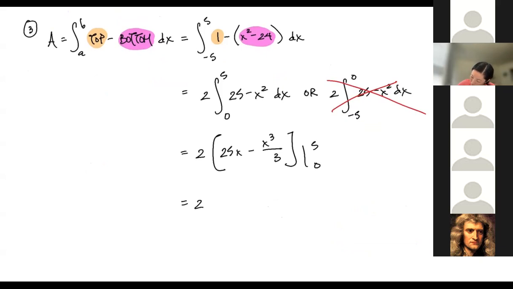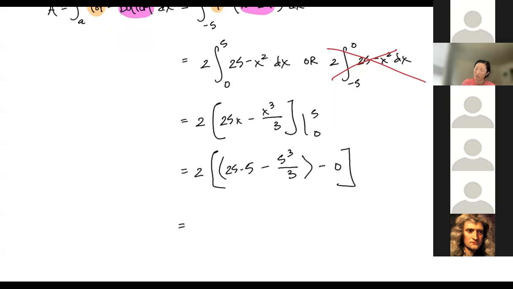It's 2 times 25 times 5 minus 5 cubed over 3 minus 0. And let's see what we get. So we get 2 times 125 minus 125 over 3.